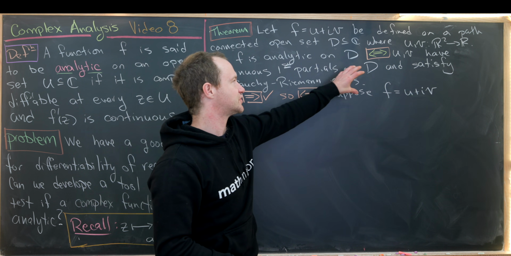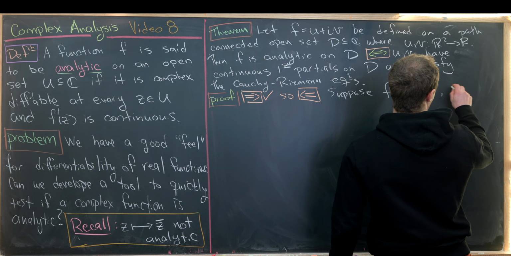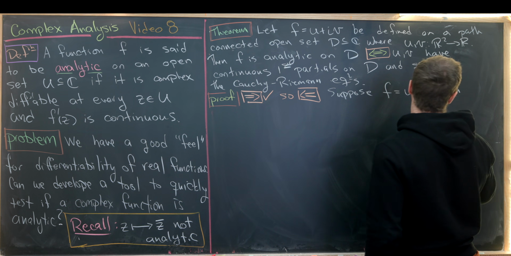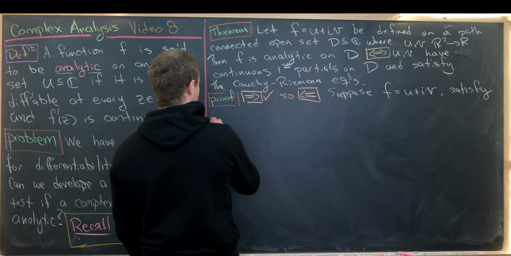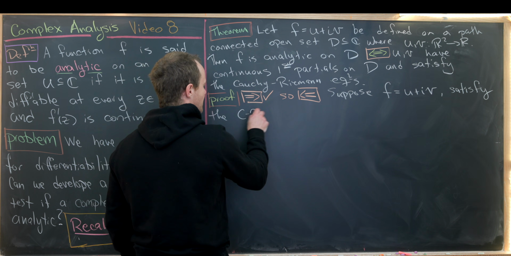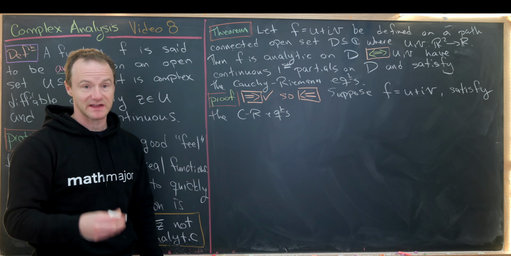In other words, we're assuming the right-hand side of this if and only if statement. I'll leave off some of that, like continuous first partials, but I'll point out that these satisfy the Cauchy-Riemann equations, which I'll shorten to CR equations. I think that's kind of standard.